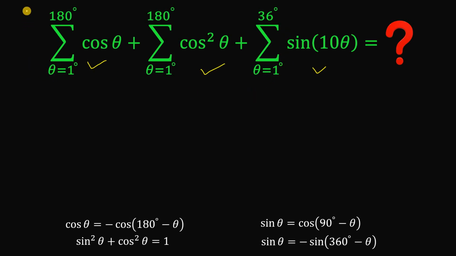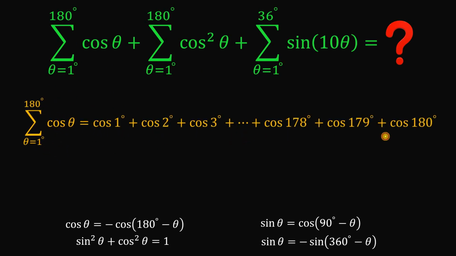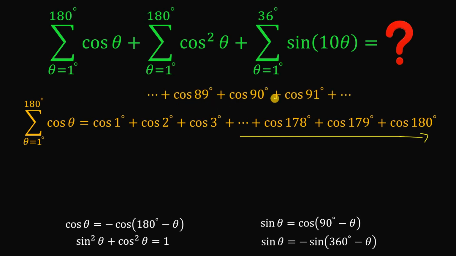To answer this, let's focus on the summation of cosine theta, where theta goes from 1 to 180 degrees. This is equivalent to cosine 1 degree plus cosine 2 degrees plus cosine 3 degrees, all the way down to cosine of 180 degrees. And on the middle part, we also have cosine 89 degrees plus cosine 90 degrees plus cosine 91 degrees and so on and so forth.